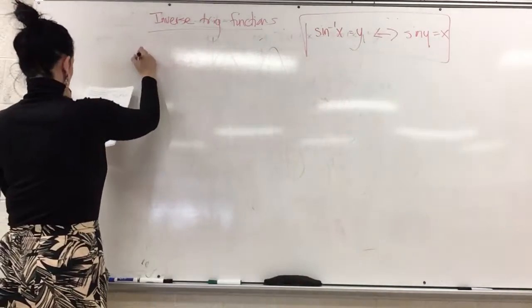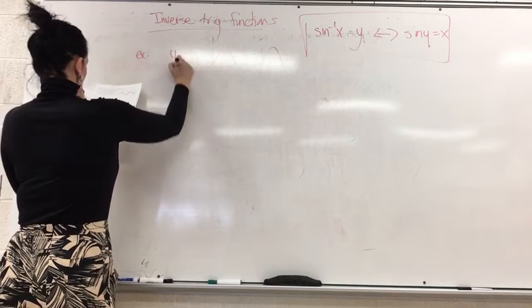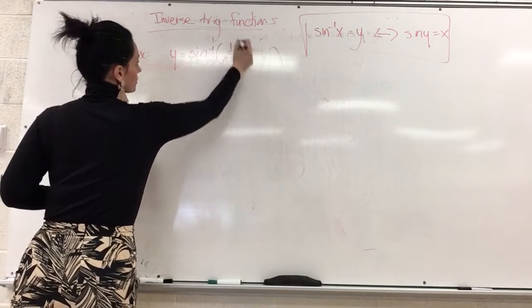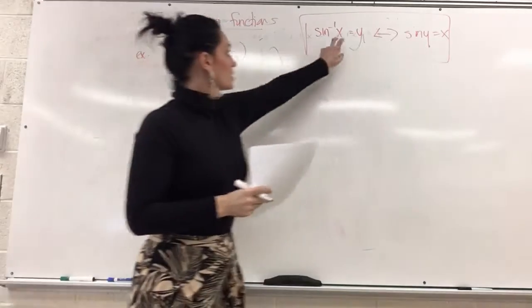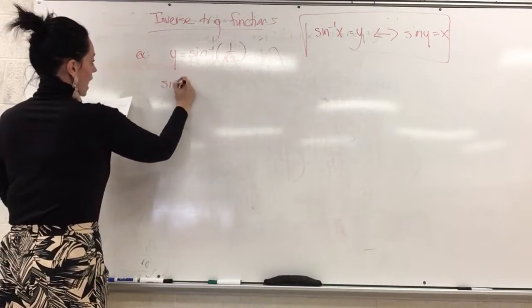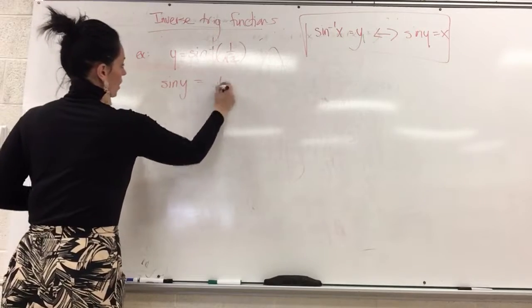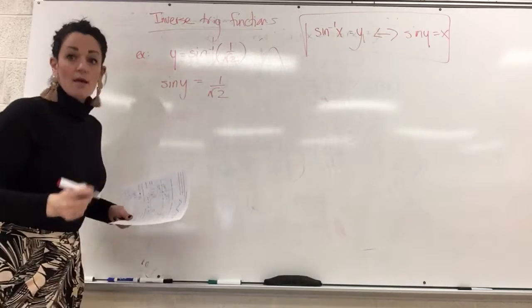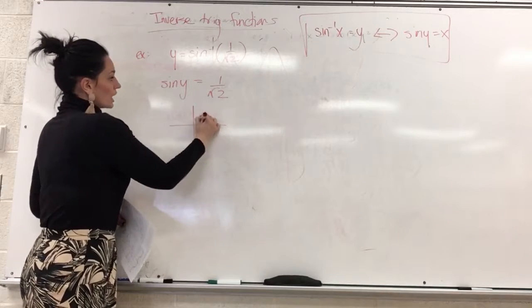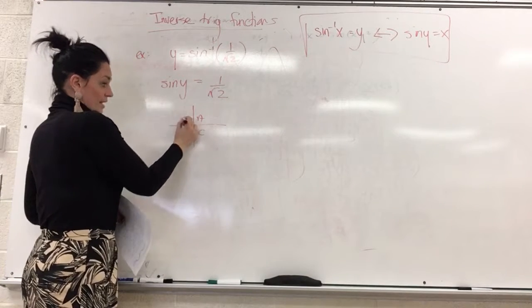Okay, so inverse sine of 1 over root 2. I'm simply going to convert this. This is the same thing as saying sine y equals 1 over root 2, okay? So then we go to our special triangles. I'm looking for where sine is positive.